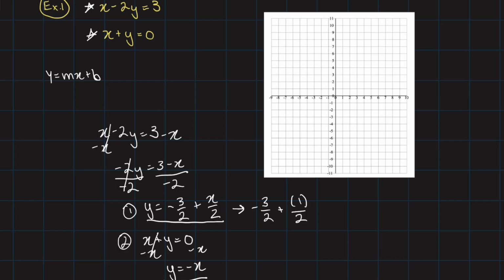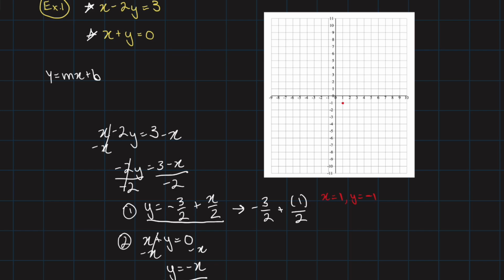If we have negative 3 over 2 plus 1 over 2, we just have negative 2 over 2, which gives us negative 1. When x is 1, y is negative 1. So that's where the point is.